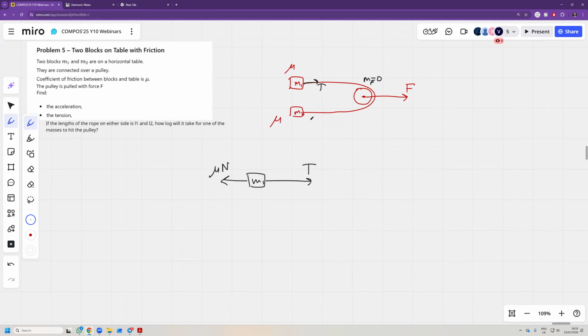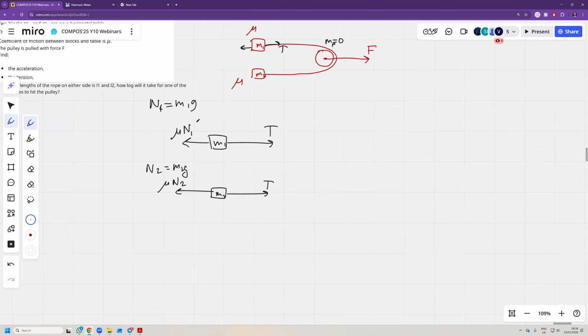Because we assume that it's going to slide, the friction is mu N. And M2 also has T and mu N2, mu N1. But because they're on the table, N1 is M1 G and N2 is M2 G. And they're both accelerating, one at acceleration A1, the other at A2.